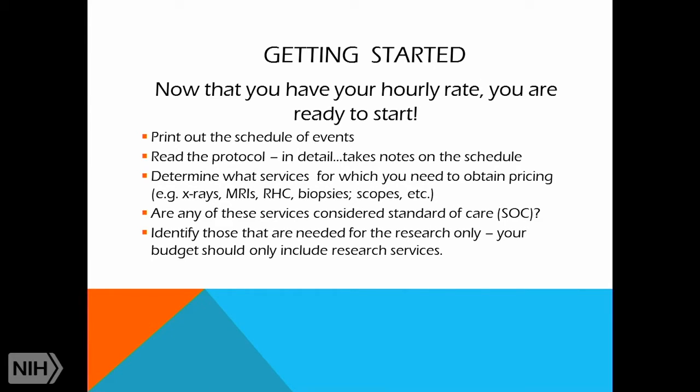And I look at the schedule. I check whether they're asking for MRIs or right heart caths or any of these things. You need to know a couple of things. Number one, you need to be able to get the technical cost for that MRI or X-ray or endoscopy.